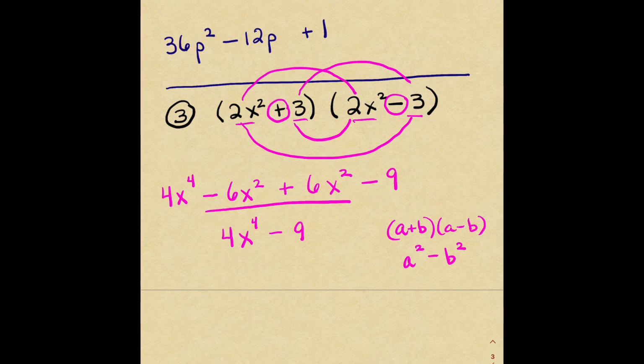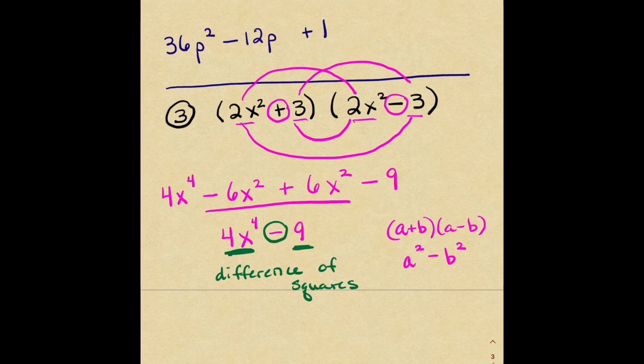So 4 is 2 times 2, x to the 4th is x squared times x squared, and 9 is 3 times 3. So we call this a difference. Difference means subtraction of squares. It's a difference of squares because this is a square, and this is a square, and this means difference.